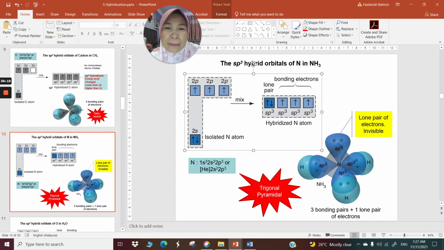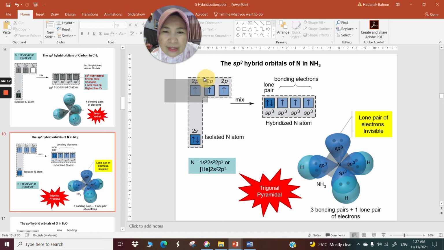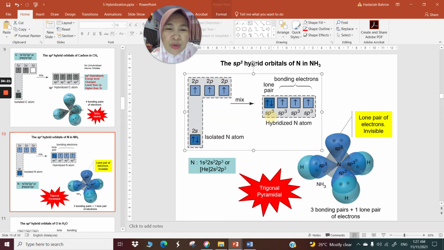And you are mixing all these orbitals to make 4 sp3 hybrid orbitals. But you have 5 electrons to distribute in these 4 hybrid orbitals. So when you put 1, 2, 3, 4, the 5th one has to come in and pair up with the first.